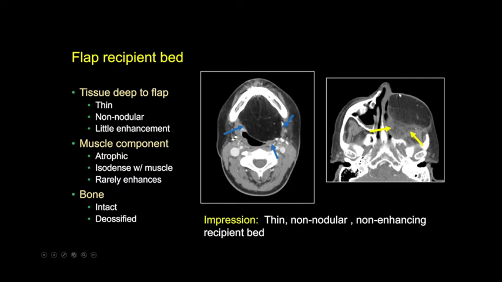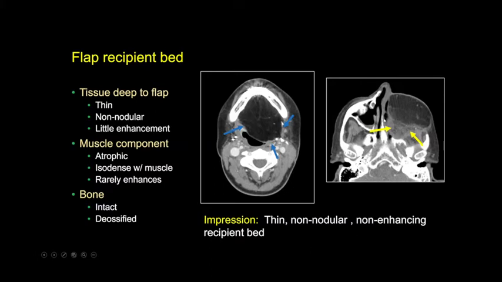In patients who've had a flap such as this that is partially fatty but partially muscle, you'll often see some atrophy in the muscle, some fatty atrophy. It will be isodense to muscle elsewhere. It's isodense here to the temporalis muscle and very little mass-like enhancement.